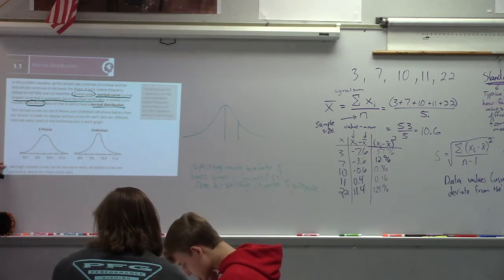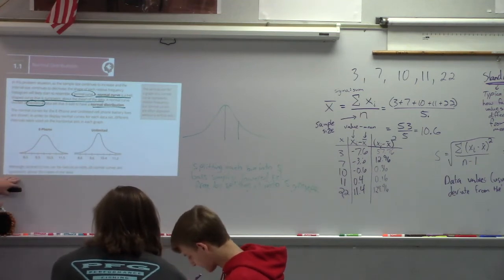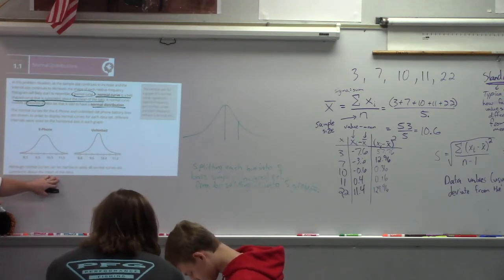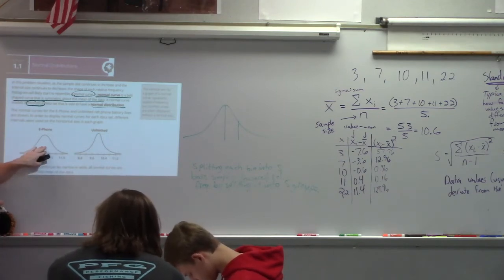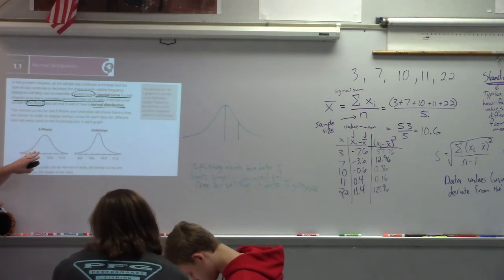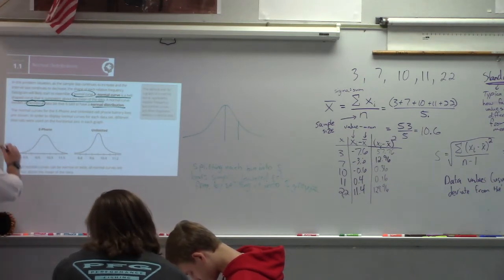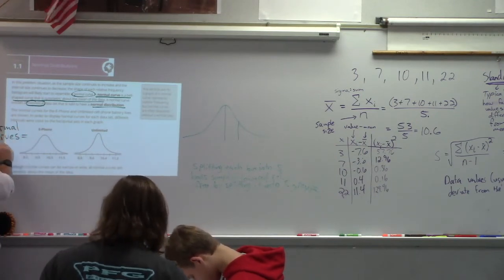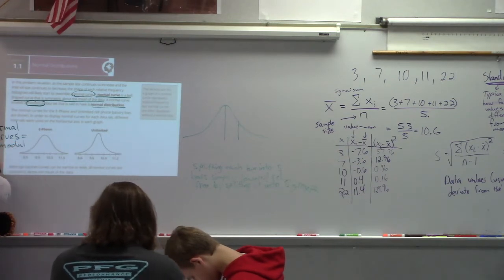All right? And so I do want you to note this comment right here. Normal curves can be narrow or wide, but all normal curves are symmetric about the mean. And I will point out, is it unimodal or does it have more than one mode? It's unimodal, right? Normal curves are unimodal and roughly symmetric.